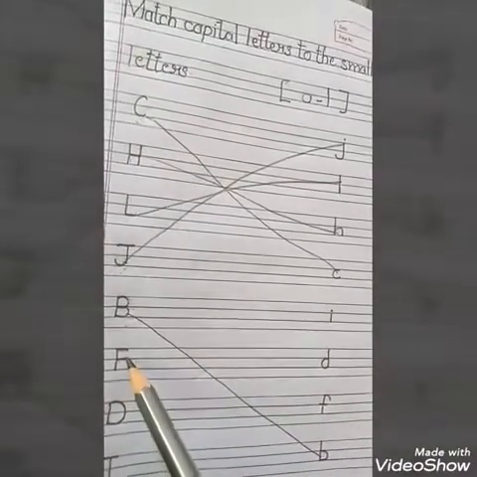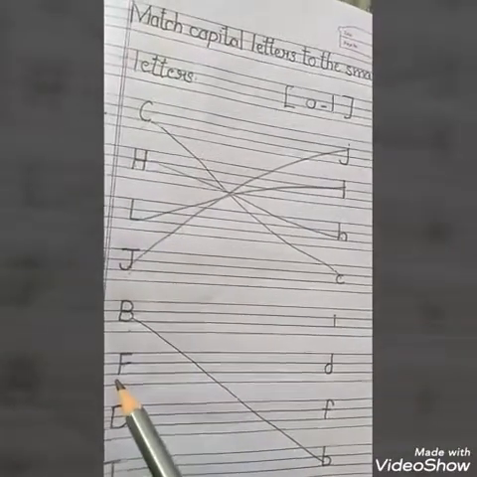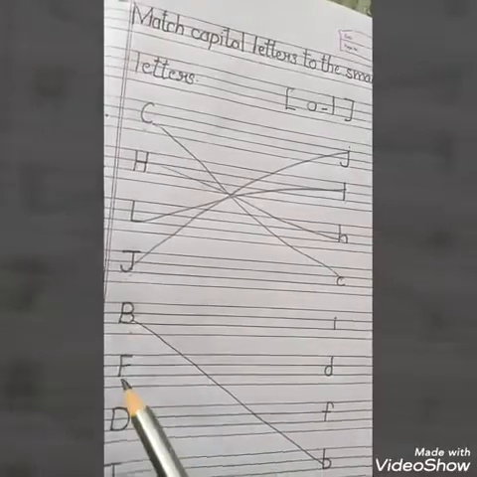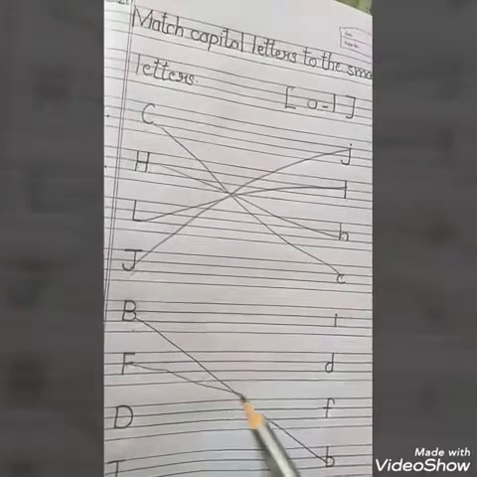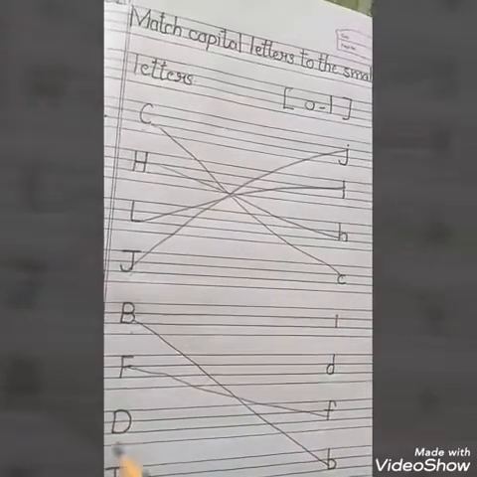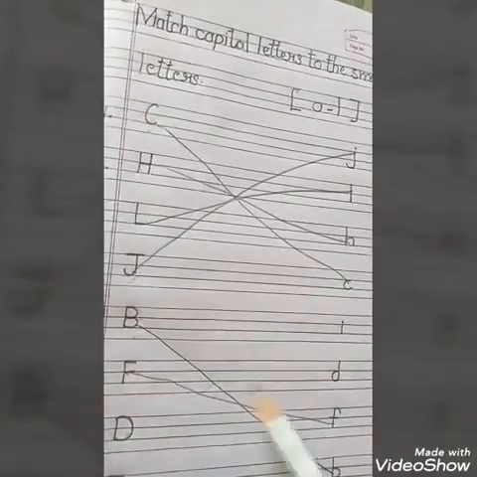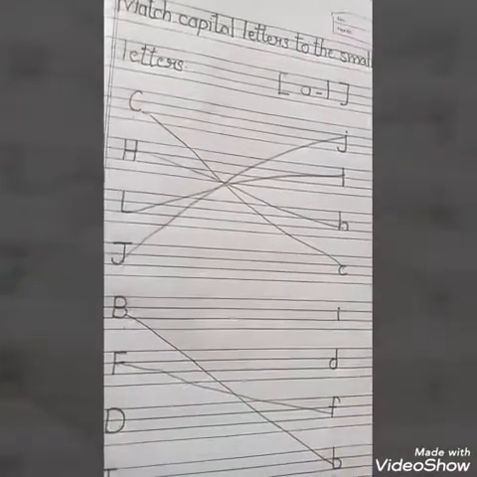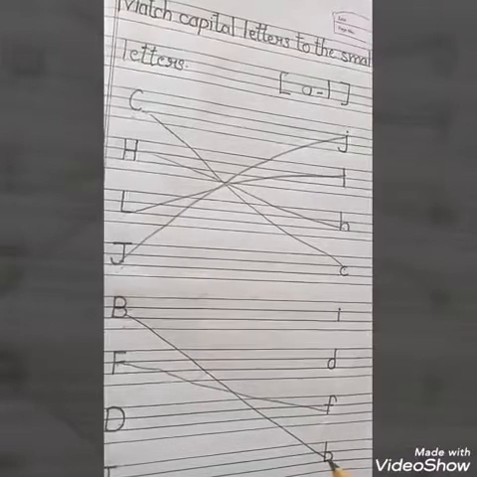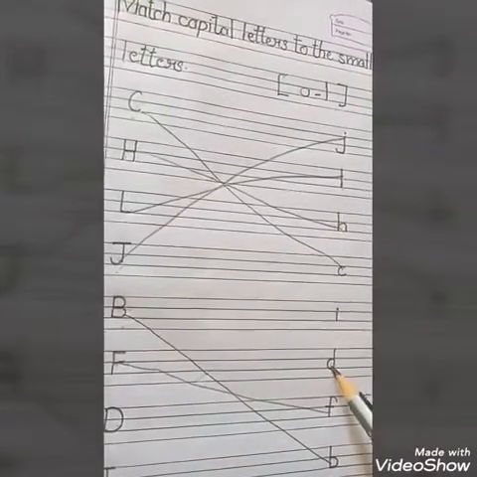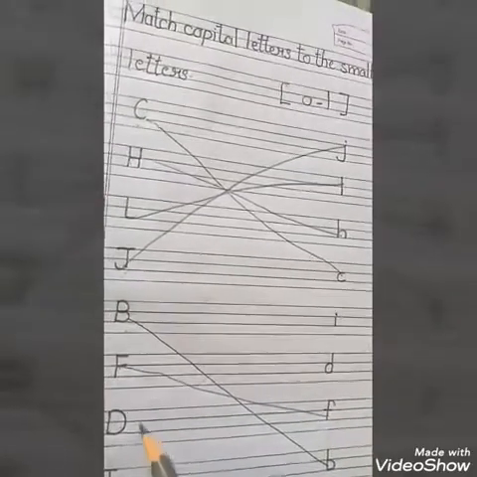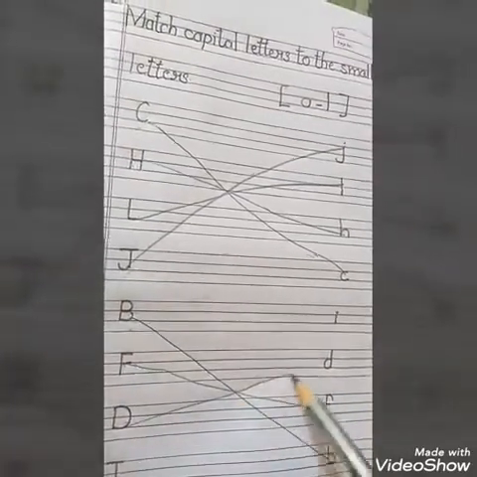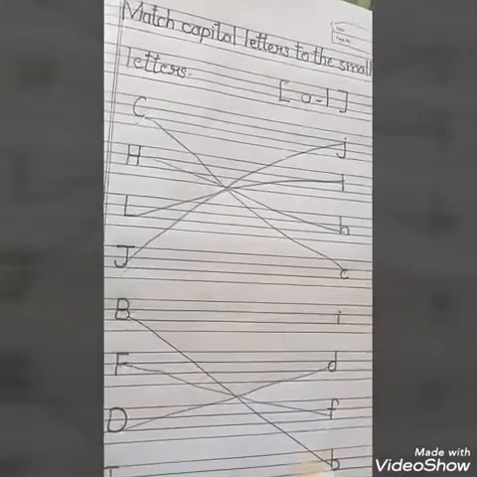Now F. Capital F with the small f, right? We will match it. Now D. I told you earlier, if there is B, right, and the opposite side curve comes in D, so it's D. Don't confuse between B and the D. Okay.